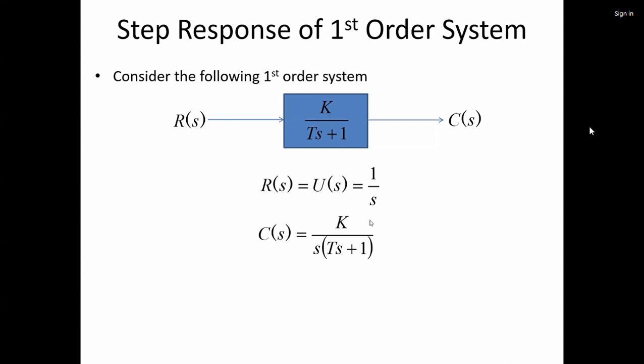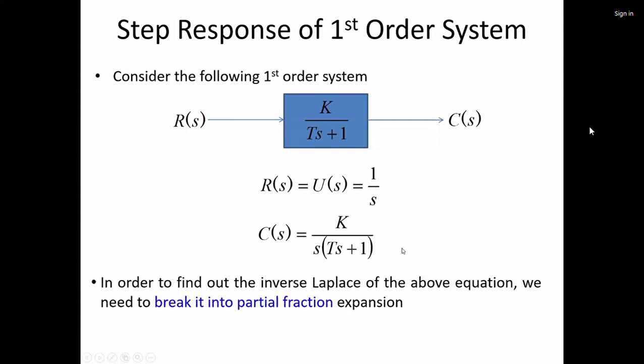In order to do that, you need to do some mathematical rearrangement, because you cannot get the Laplace inverse of every function arranged in every manner. So you have to rearrange a given function and express it in a certain way for which the inverse Laplace is available. Okay. In this case, you need to break this into partial fractions.